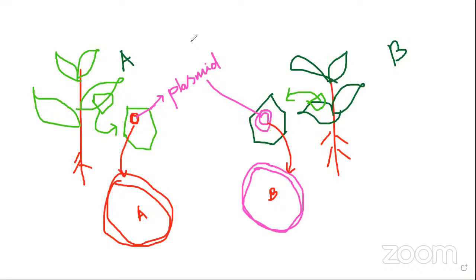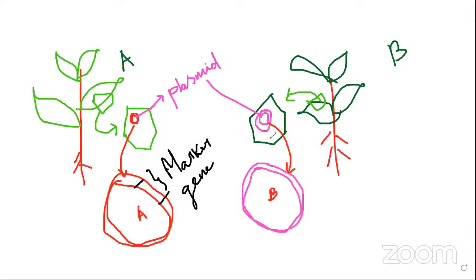in it. Okay. Take an example. So in this part there is a marker gene. So this is the marker gene. This one is called a marker gene.